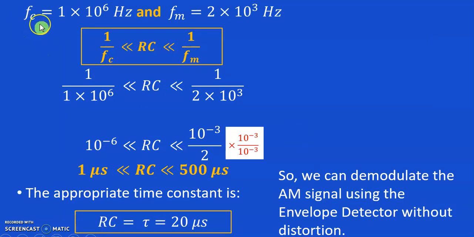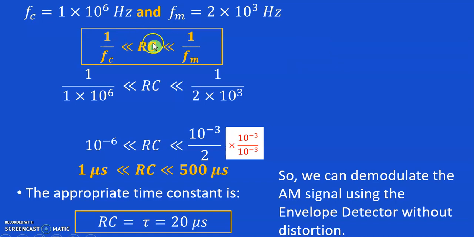We have fc equal to 1 megahertz, 1 times 10 to the power 6 hertz, and fm equal to 2 times 10 to the power 3 hertz, which is 2 kilohertz. So we know that for the envelope detector to detect the AM signal perfectly without any distortions, this requirement should be met.